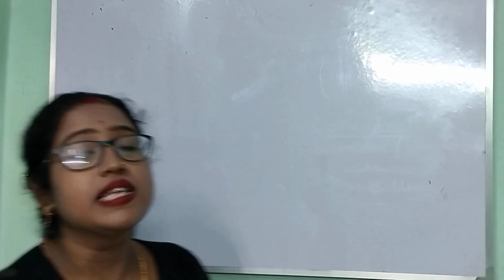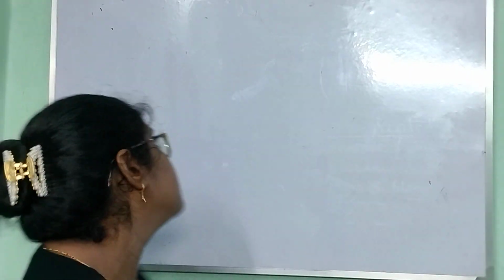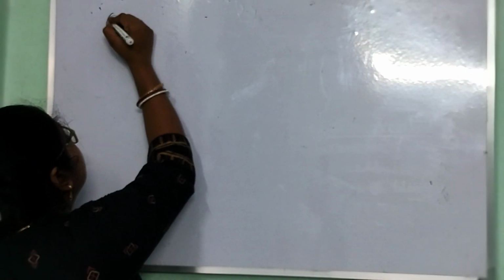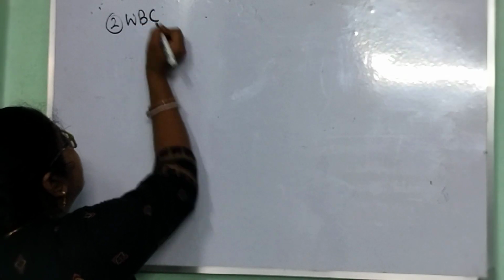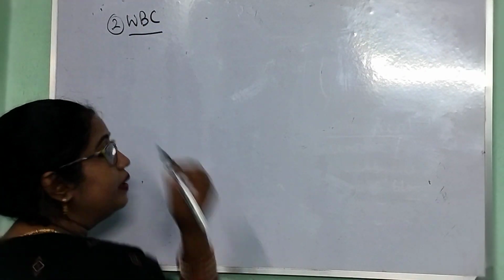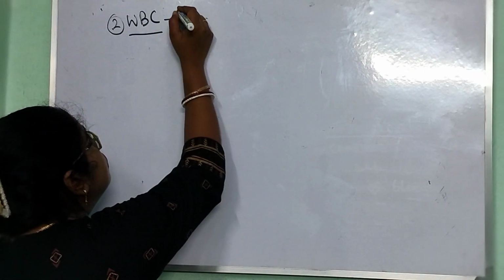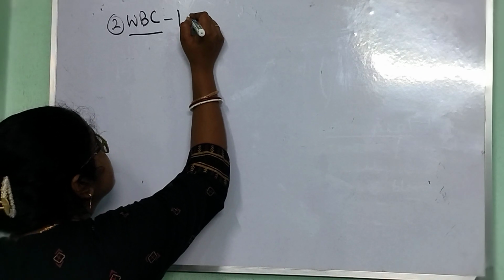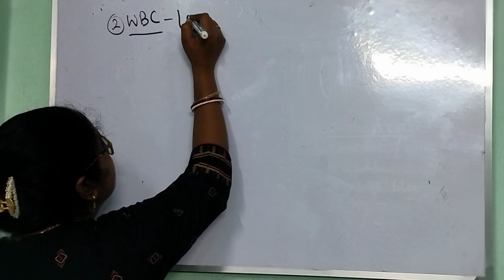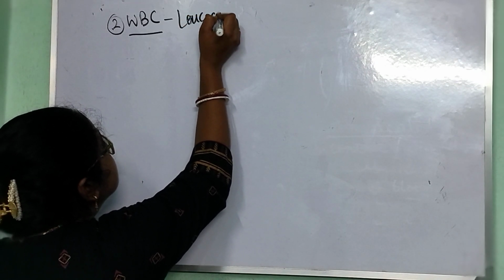Now the second type of blood corpuscle, that is the WBC. The WBCs, white blood cells, are also known as leukocytes.